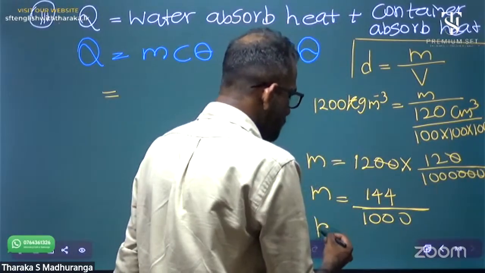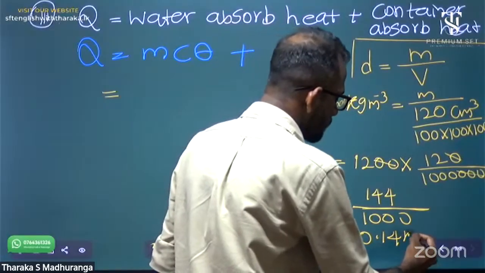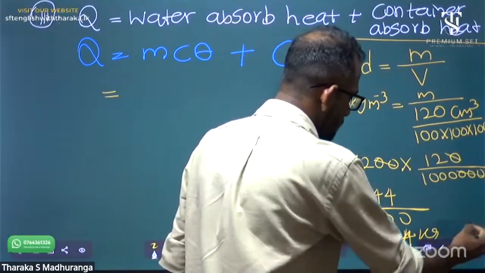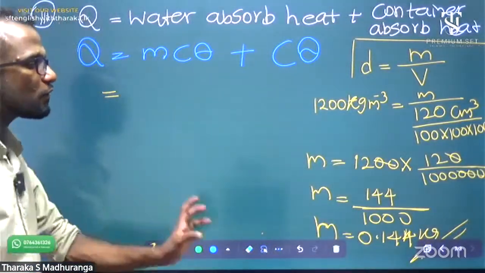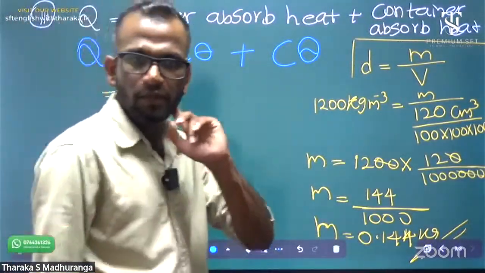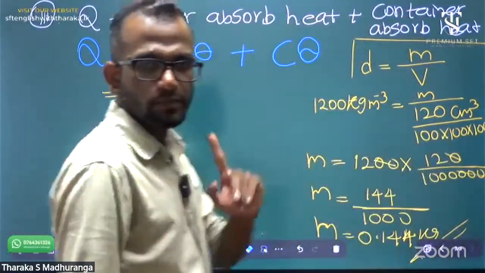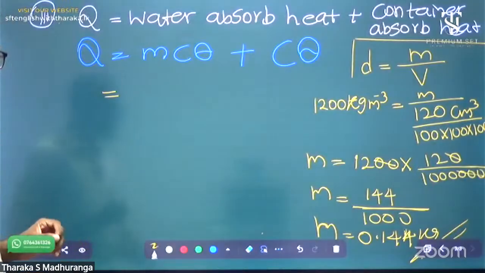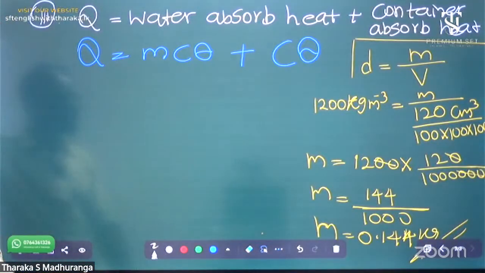Then mass equals 0.144 kilogram. 0.144 means 144 grams. 144 grams. Clear?